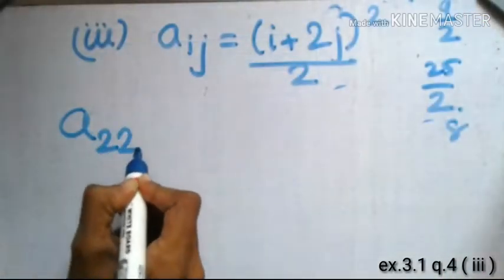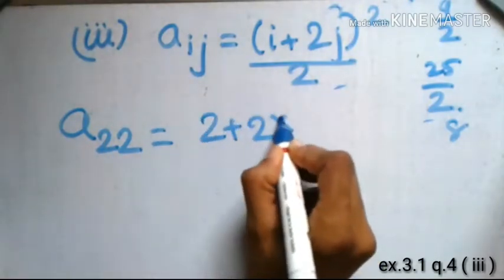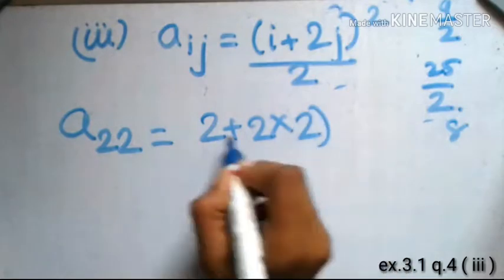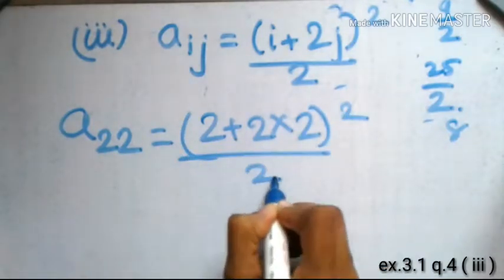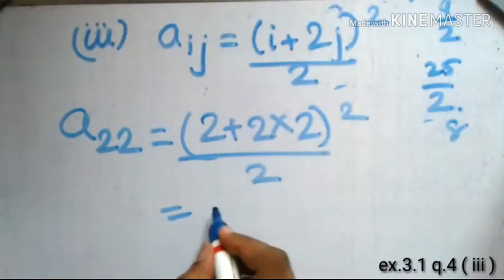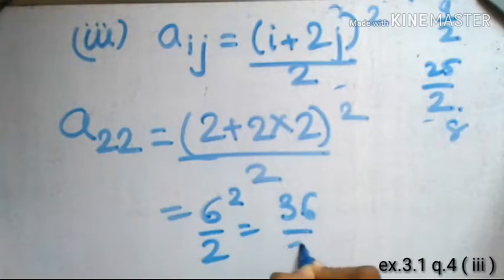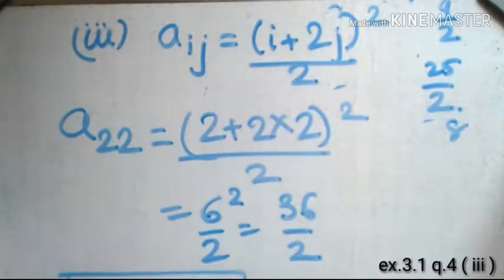But not the least matrix element is A22. So it's (2 plus 2 into 2) the whole square by 2. So 2 2s are 4, 4 plus 2, 6. You are going to have 6 square, which is 36 by 2, and I'll end up with 18. That's a huge number. So A22 is 18.